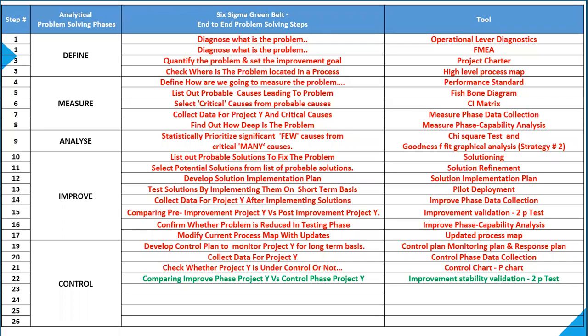Once that is done, based on operational level diagnostics and FMEA, you will prioritize the problem. So that is a very important aspect of the define phase: first of all, listing down the probable problems and then prioritizing the problem.